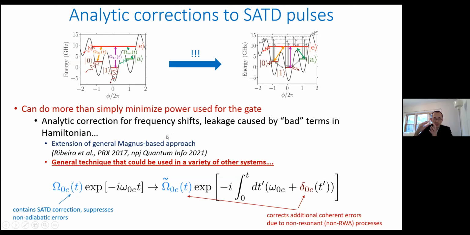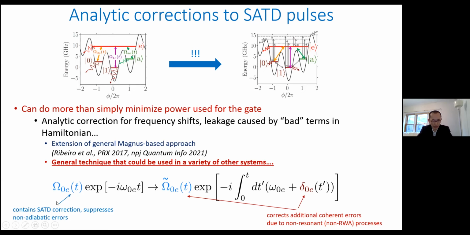And this Magnus-based approach will tell you a further analytical corrections to your pulse envelope in order to mitigate the current errors. And it also tells you how you can chirp your frequency in such a way that you can further minimize the current errors.